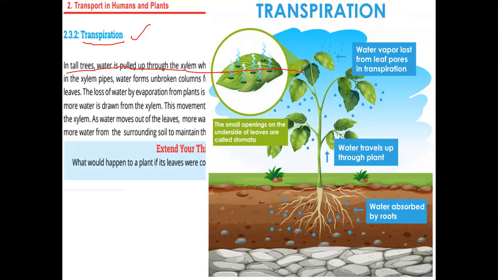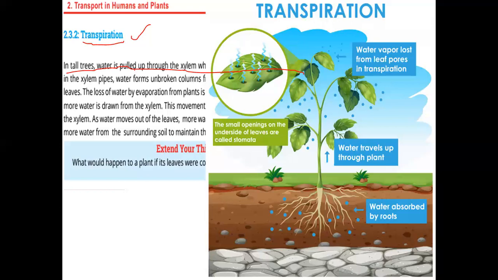These stomata are the holes which are more on the back side of the leaf, but very few on the upper side. So this is the back side, the underside of the leaf. So what happens through stomata? Water evaporates. The small openings on the underside of the leaves are called stomata, so water evaporates from here.